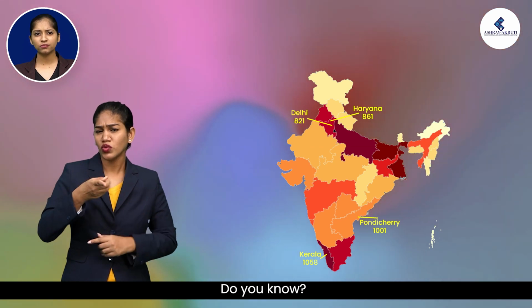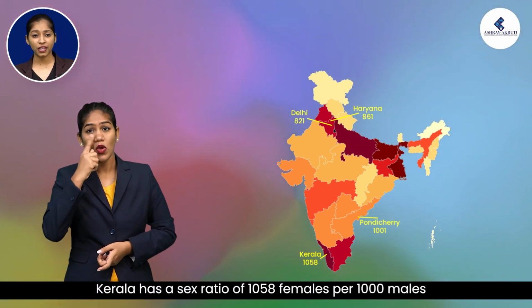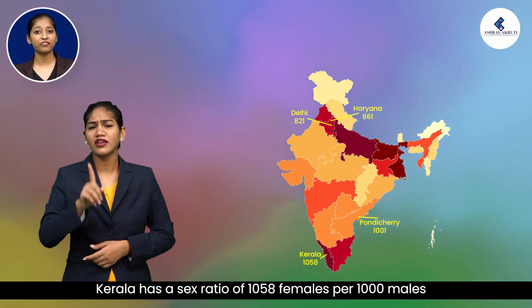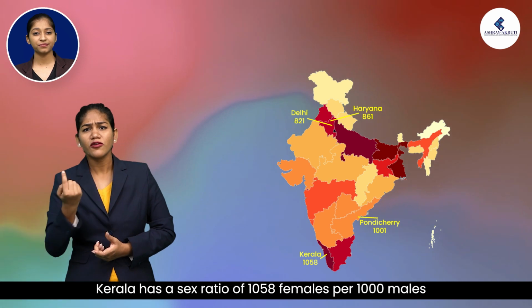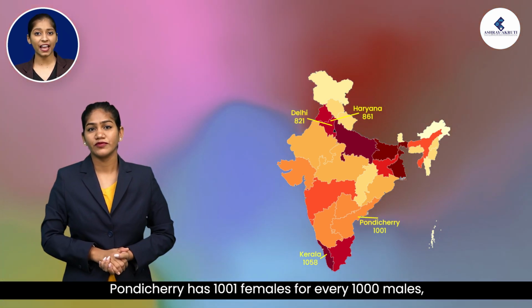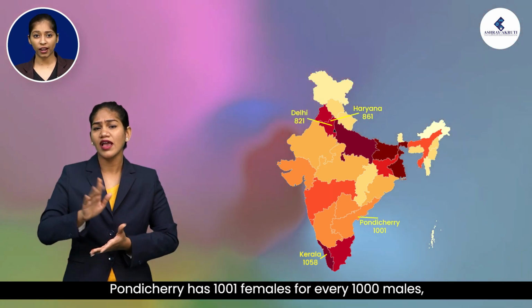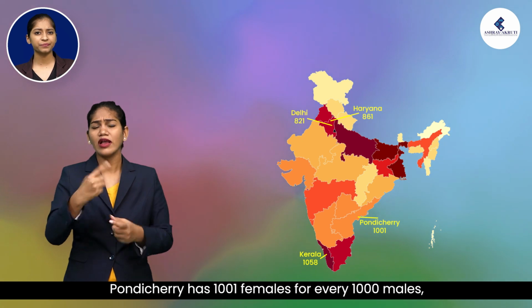Do you know? Kerala has a sex ratio of 1058 females per 1000 males. Pondicherry has 1001 females for every 1000 males.